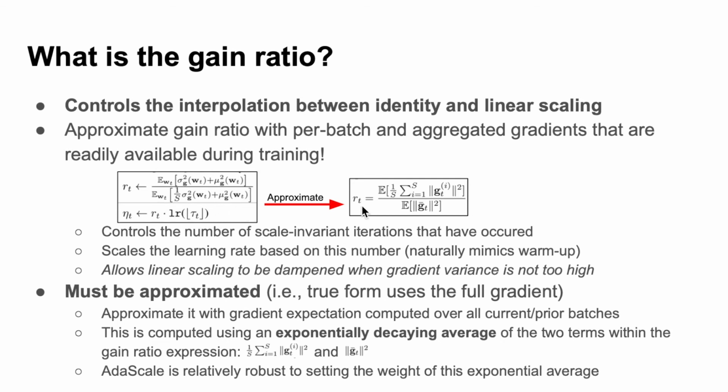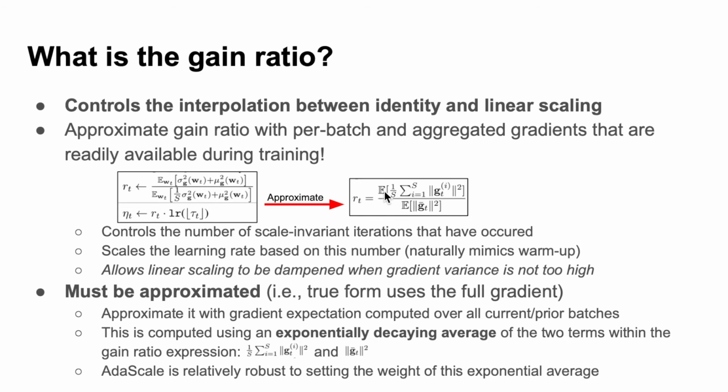So instead, we have to approximate it, and the authors of the paper propose that we approximate it in the way given here. Basically, what this expression is doing is it has this numerator term where you take a sum. Remember that for every iteration, we are performing an update using S mini batches. So basically one large batch, but decomposed into S smaller mini batches.